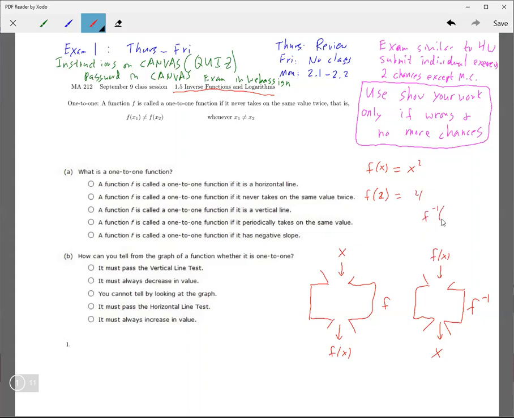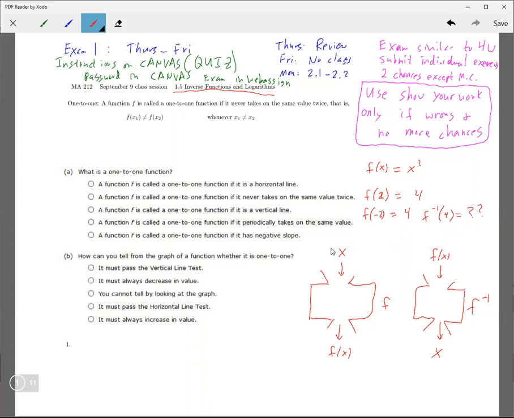But if you have a 4 right here, you don't know whether it came from a -2 or a 2, because f of -2 is also 4. So 2 and -2 give you a 4, and if you only have the 4, you don't know which one it came from.